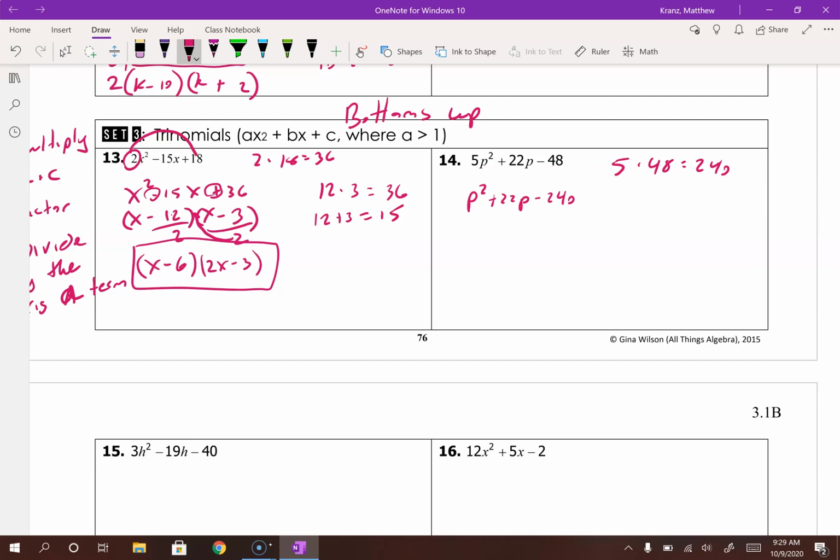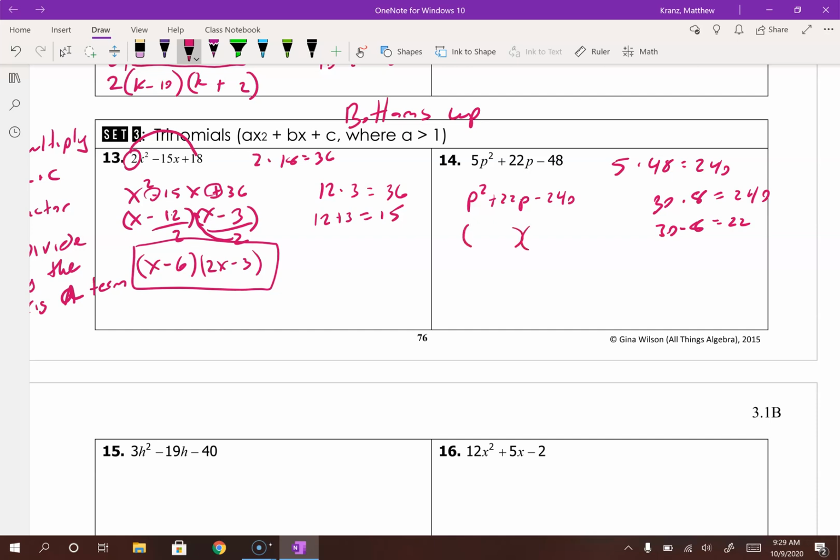What becomes 240? I have 24 times 10. Well, 24 minus 10 is 14, so that doesn't work. 240 could also be 30 times 8, which is 240, and 30 minus 8 equals 22. So that's going to be our numbers.